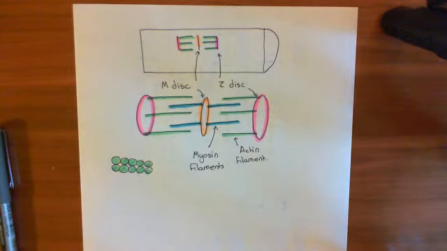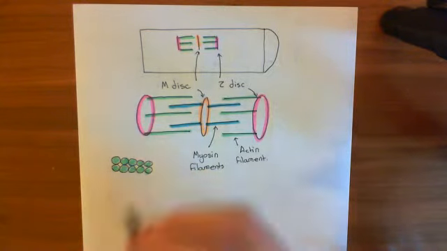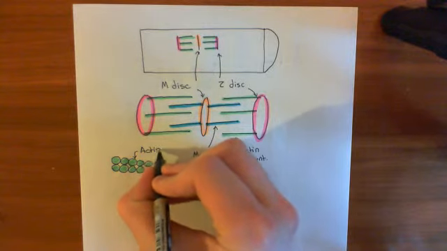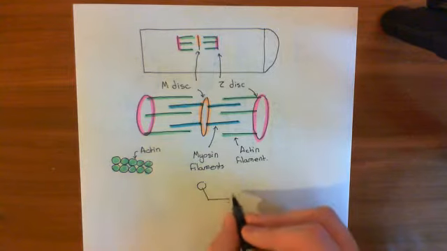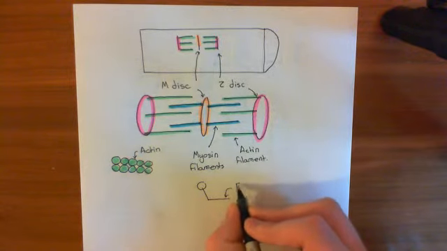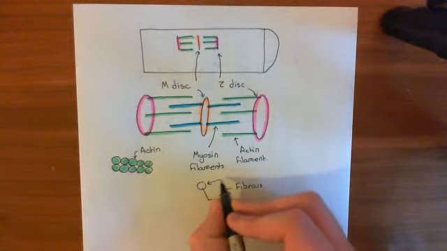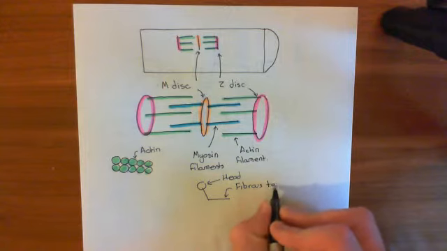Right, so now let me discuss with you the structure of a myosin filament. A myosin filament is made up of a myosin protein, just like the actin filament is made up of these actin proteins. Okay, so a myosin protein looks like this. It has a fibrous portion, okay, and then it has the head. So this is the myosin head here, and this is the fibrous tail, in fact it's usually called.